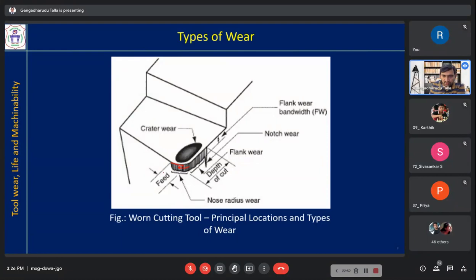You can see this depends on the amount of feed that you are giving. The chip is coming like this, and some very small portion is there on the auxiliary flank surface. This depends on the feed. If the feed is high, then this length will be more. If feed is less, this length will be less.